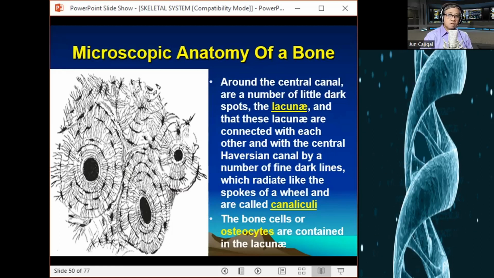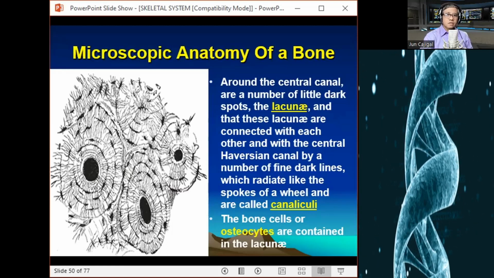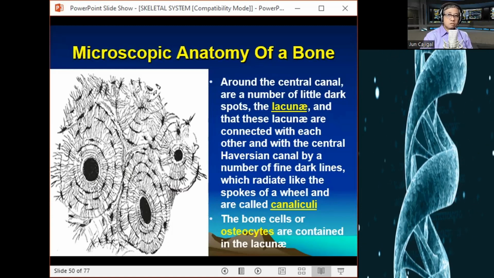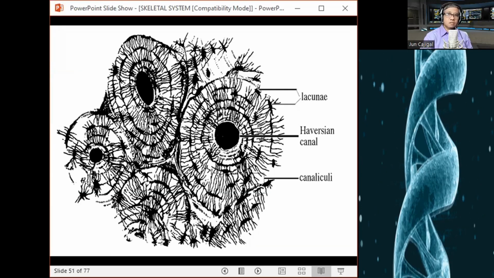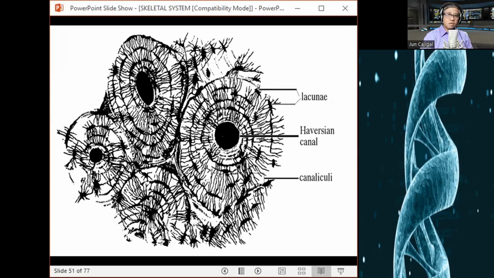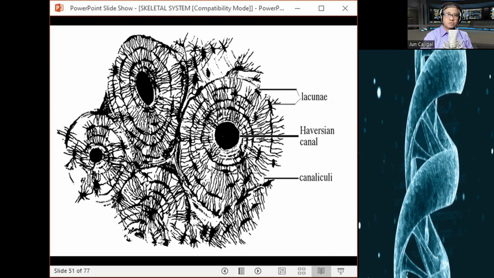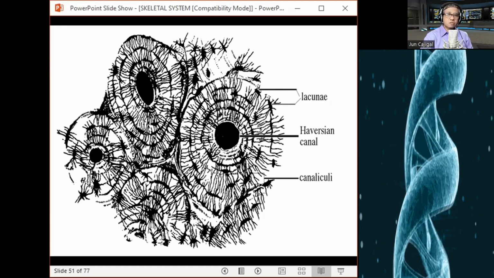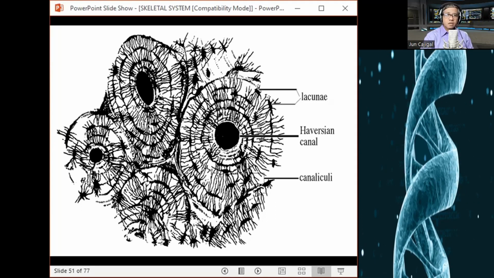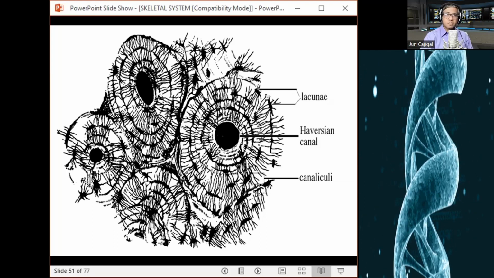Then, embedded in the lacunae are the bone cells or the osteocytes. So those are the parts of a typical bone tissue. We have those circular districts or osteon, and at the center we have the Haversian canal or central canal.